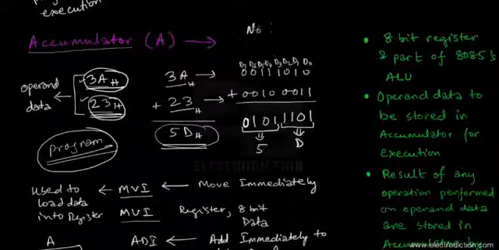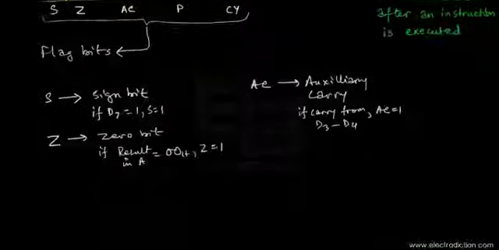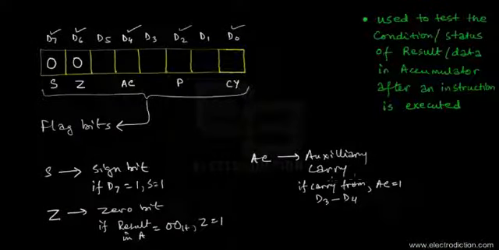So we can say there is no carry from D3 to D4. This means only one thing: the auxiliary carry bit of the flag register will be reset, so it also remains at logic 0 level.